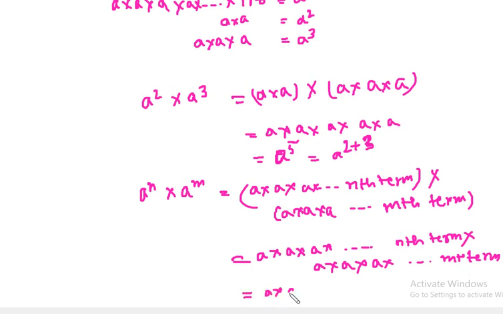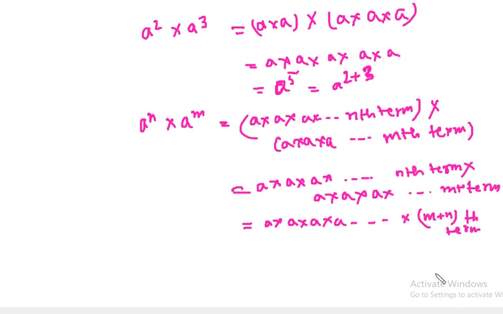So here a into a, if we consider all the a's, goes up to the m plus nth term, isn't it? So just what we started with, this big expression, can be written as a to the power m plus n.